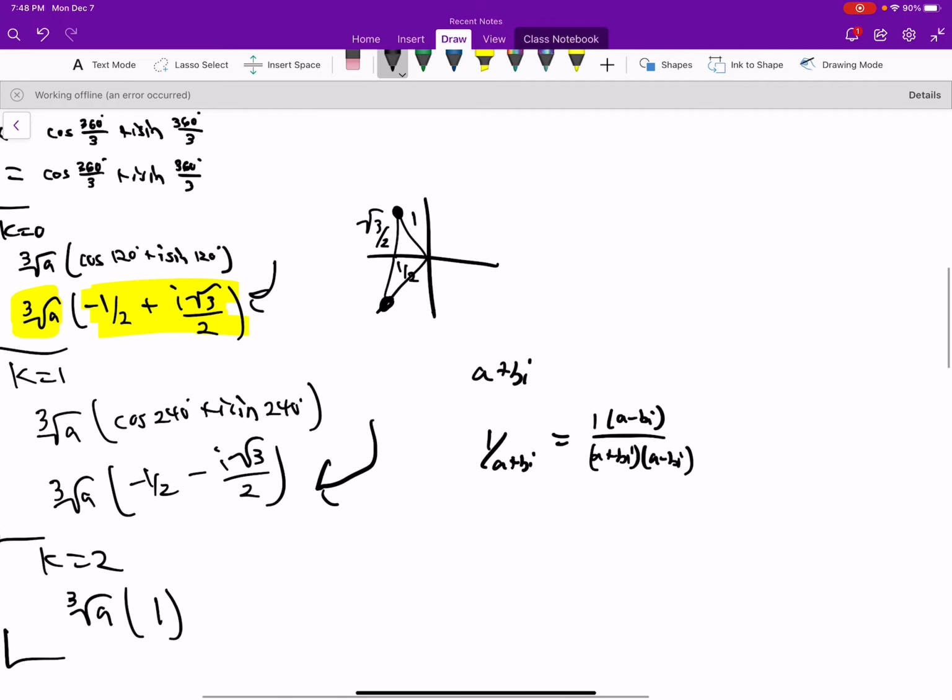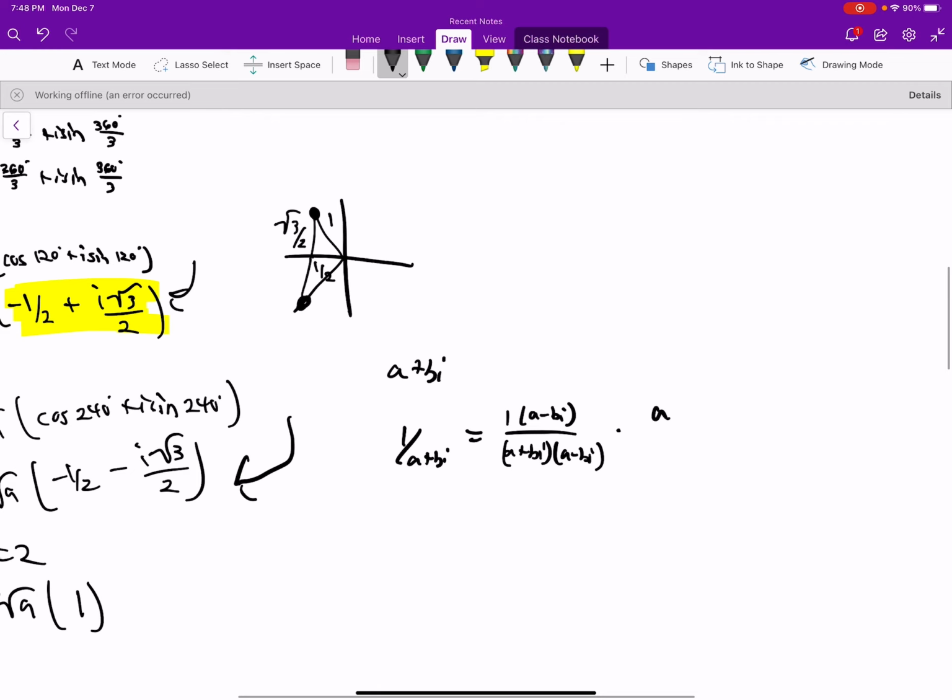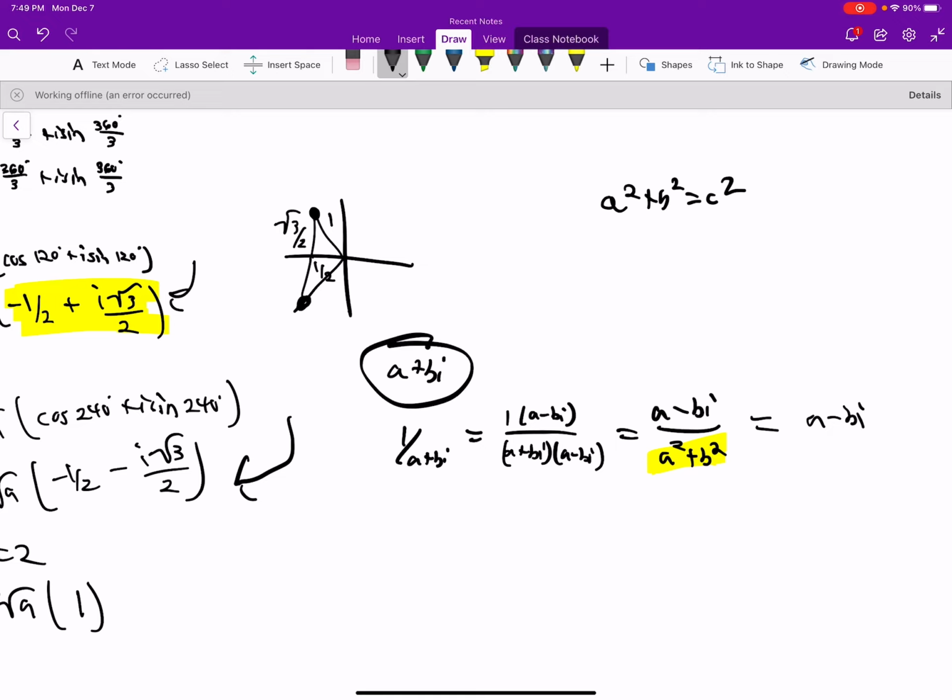Okay, so what we're gonna get now is a minus bi all over a squared plus b squared. Now, a squared plus b squared is, just think of the quadratic formula, a squared plus b squared is c squared. And we're on the unit circle, so that's just gonna be 1, and then we end up with a minus bi. So notice that the inverse of a plus bi, which is this, is a minus bi.